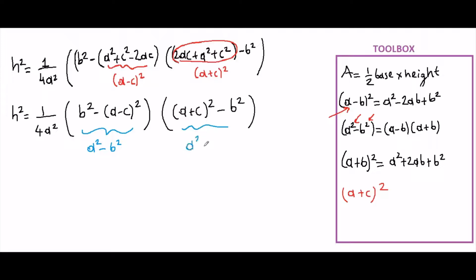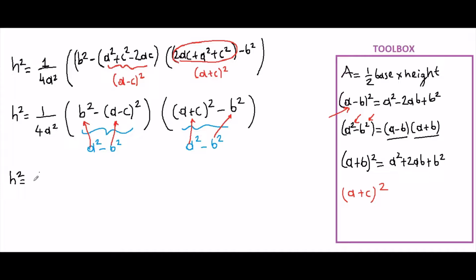In this first one, our a term is b, our b term is a minus c together. In the second, our a term is a plus c together, and our b term is b. So we're going to factor it in the form (a minus b) times (a plus b).